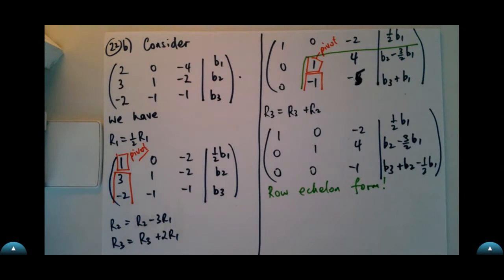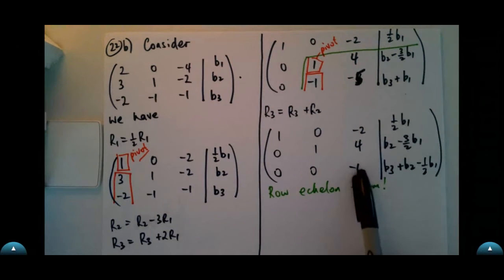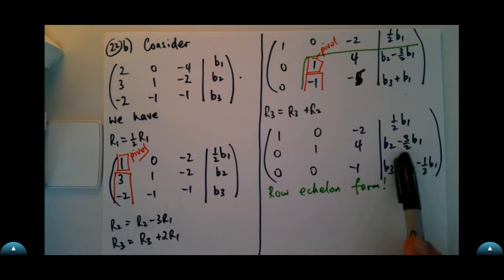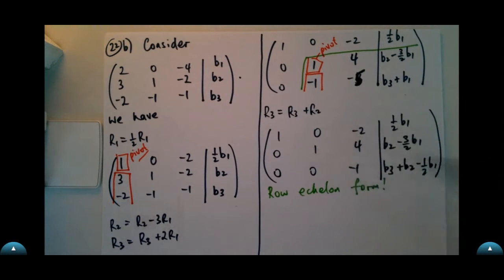That's a nice form because we can make some conclusions now about the solutions. All right, so we've got a mess over here, but that doesn't matter. This is the x3 column, yeah? So negative x3 equals that. So we know what x3 is immediately. Then we can back substitute to get x2 and back substitute to get x1.